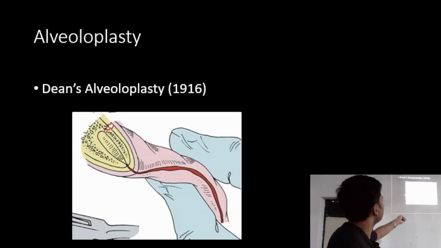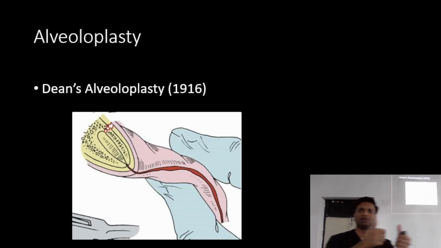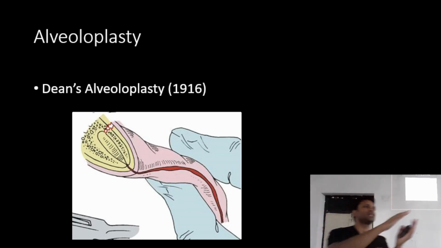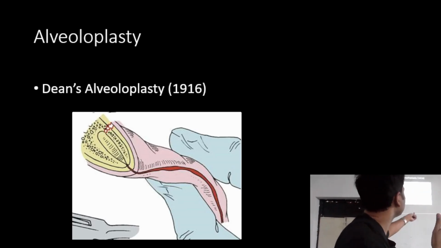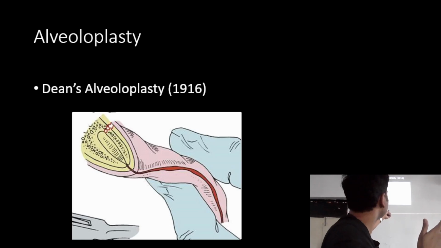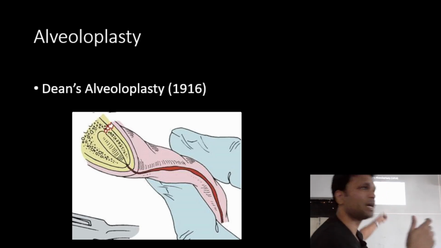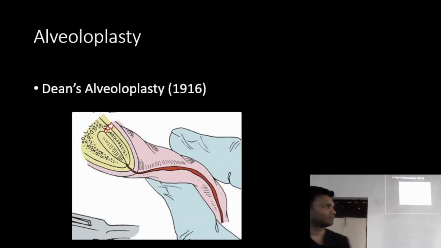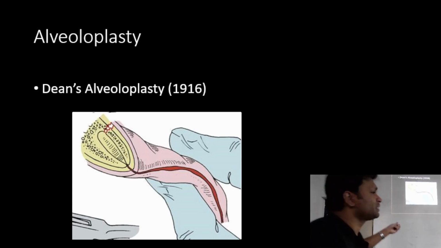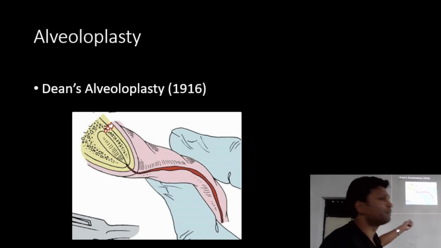Now palatal cortex, it is not mobile, whereas buccal cortex is mobile, but it is still attached to the periosteum, right? So it will have a blood supply. Second, when we suture it, because of the rigidity, the palatal cortex is fixed, so ये भी fix हो जाएगा. It will heal over a period of time. Now in this, what we are doing is we are not causing stripping of the periosteum.